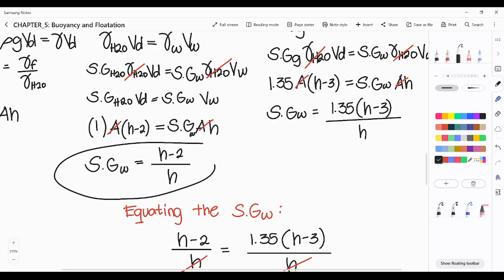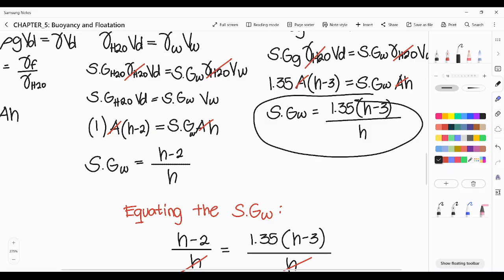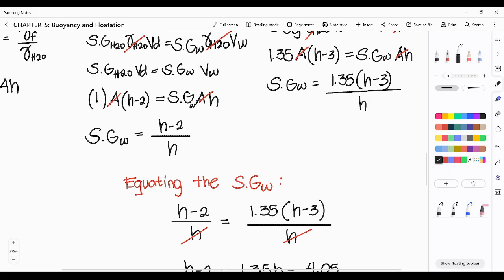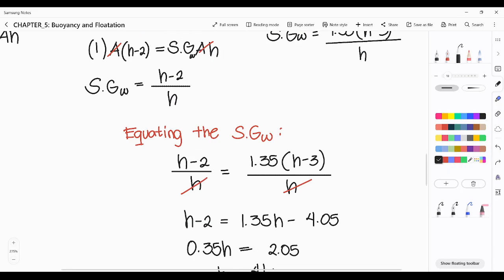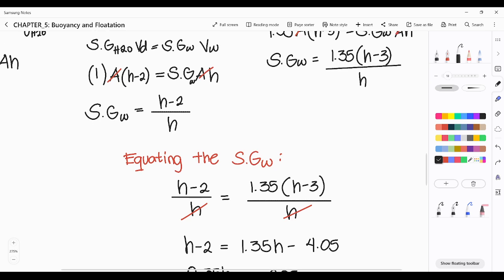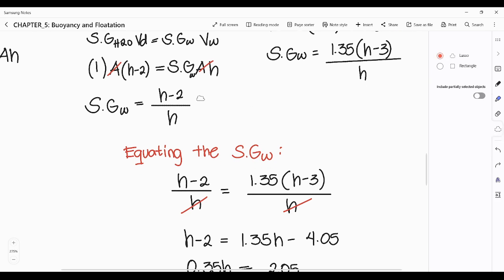Pwede dito or pwede namang dito, but you must end up with the same answer. And let's just use this. This is much simpler.